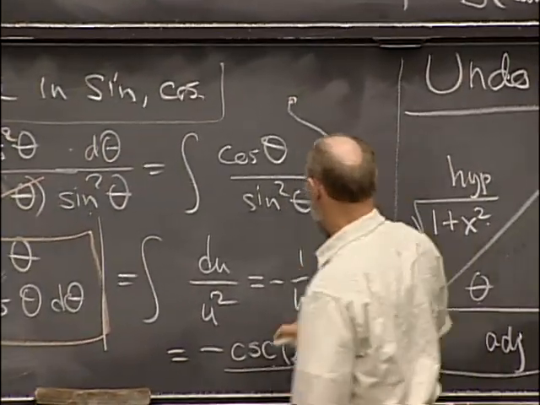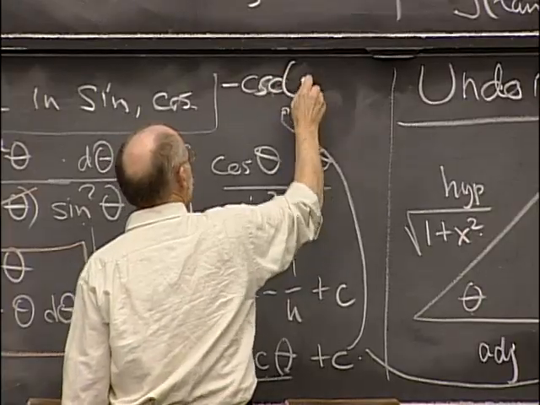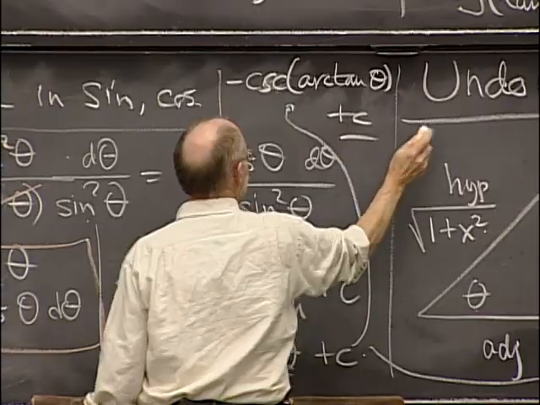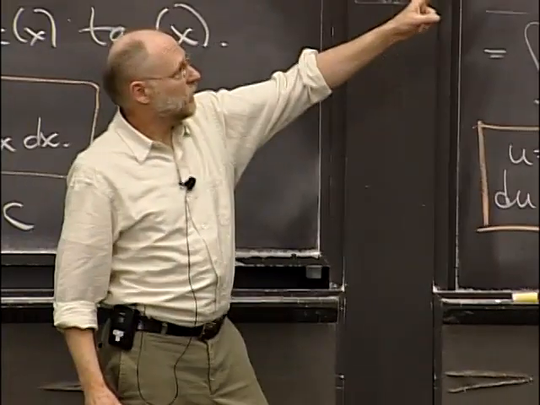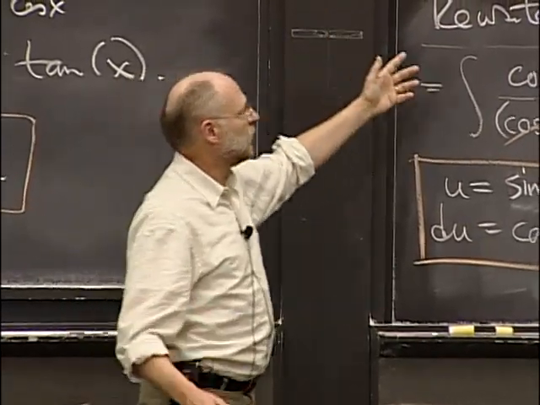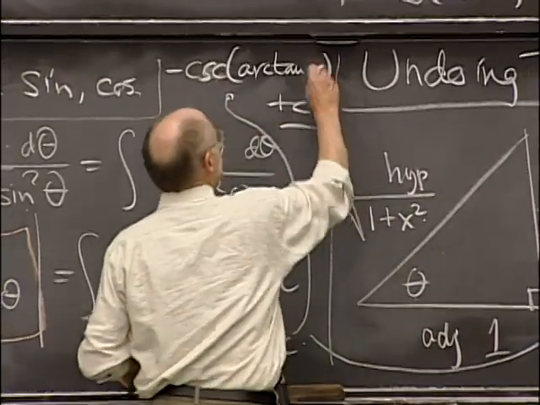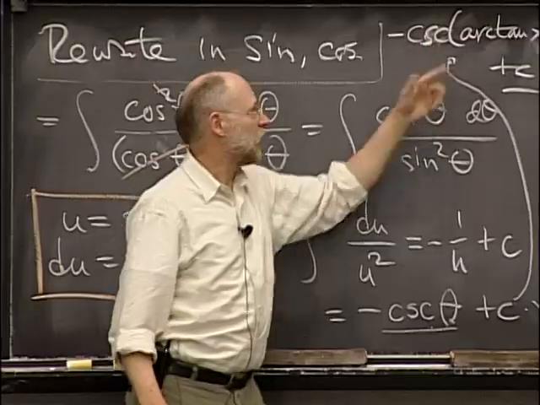I should have said this is minus the cosecant of the arctangent of x plus a constant. The most straightforward thing you can do is to say, since x is the tangent of theta, that means that theta is the arctangent of x. And so let's just put in theta as the arctangent of x, and that's what you get.